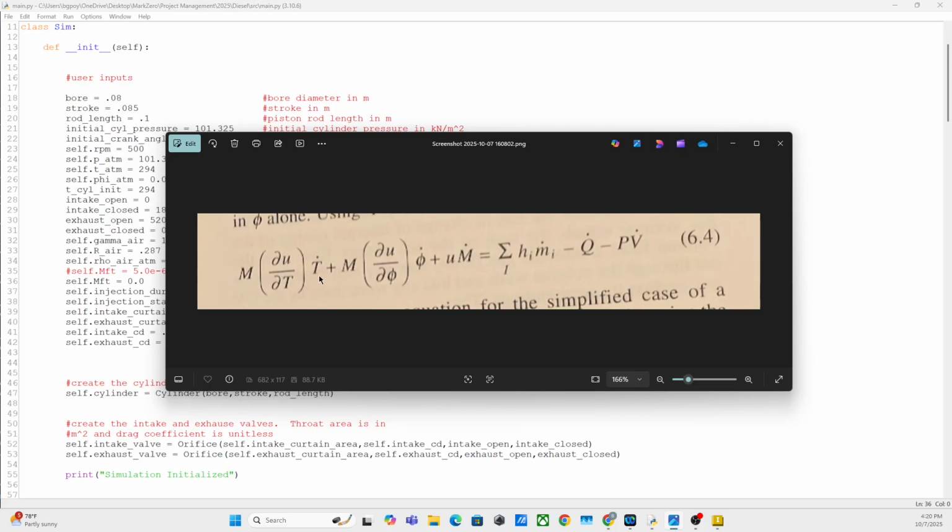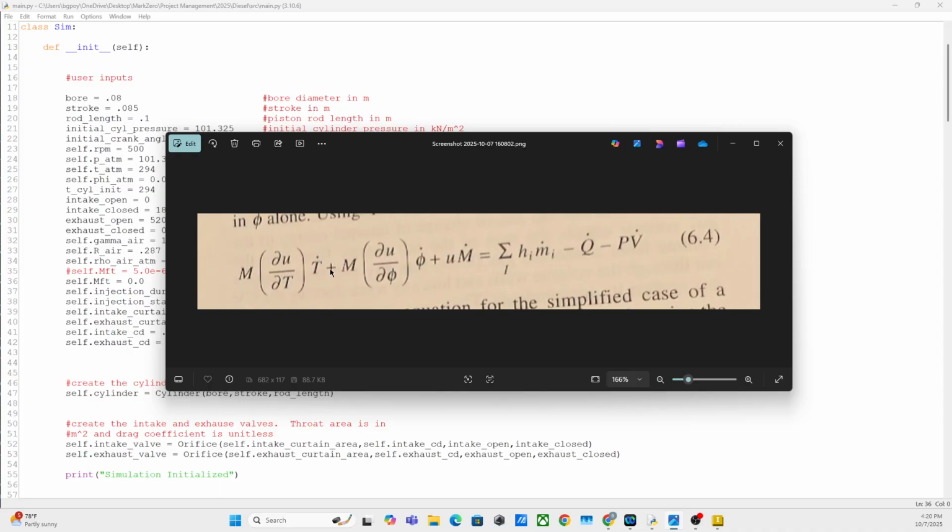And this T dot is change in temperature over change in time. This could have been written dT over dt, but I think the author thought it was too confusing to have little t's and big T's, so he put T dot to say dT/dt, so change in temperature per unit of time.